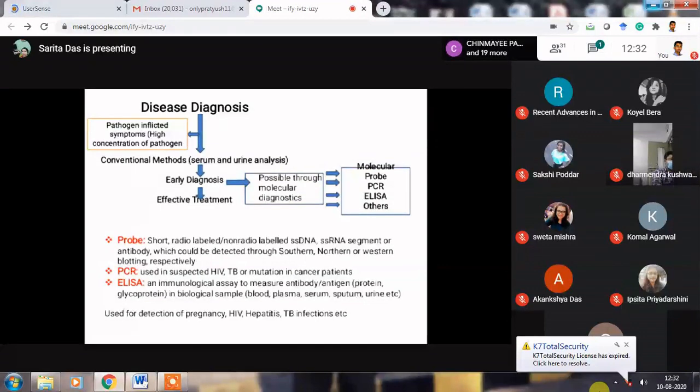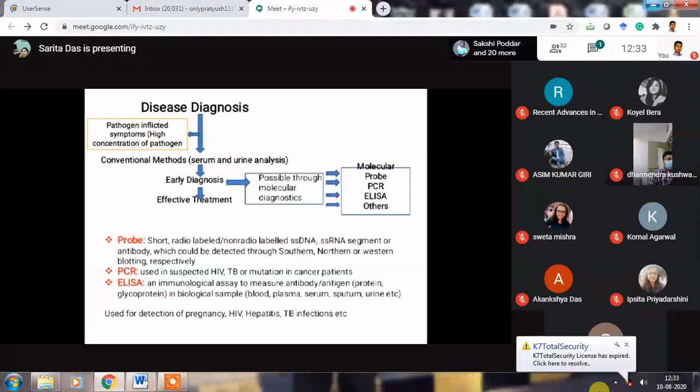Before disease, if you are assuming that this person has a threat of developing a certain disease, that is called prognosis. So recent practices use different molecular diagnostics for early diagnosis, using different molecular probes, PCR, real time PCR, ELISA, and others.